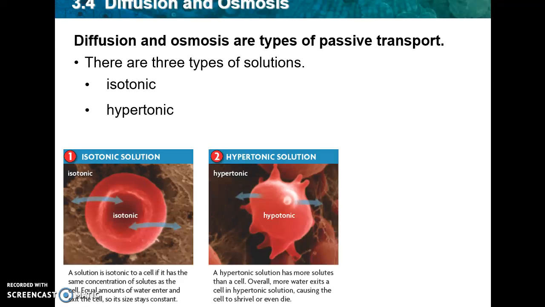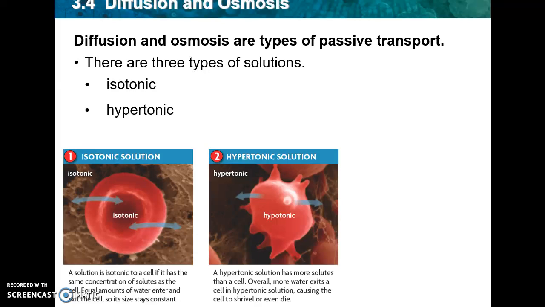The second picture, labeled number 2, is a hypertonic solution. It's hyper, it's over, right? Just like if you were hyperactive, you're overly active. A hypertonic solution has more solutes, more dissolved materials, than the cell itself. Overall, more water is going to exit the cell in a hypertonic solution, causing the cell to shrivel up, and it could even die.